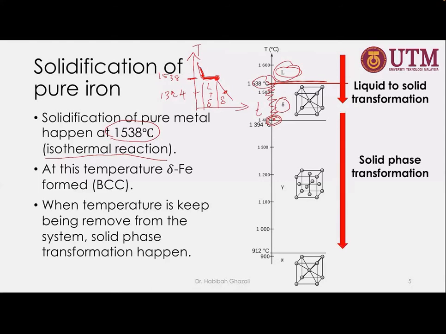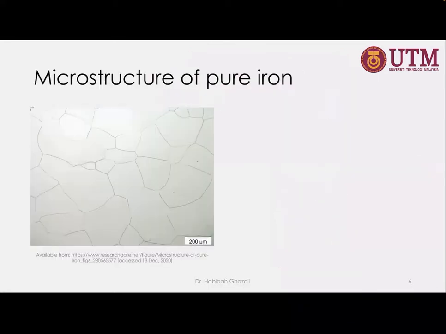Liquid up until here, and then with this reduction of temperature, you may see that it transforms from delta to gamma to alpha until it reaches room temperature. So for pure iron, this is how it looks like.